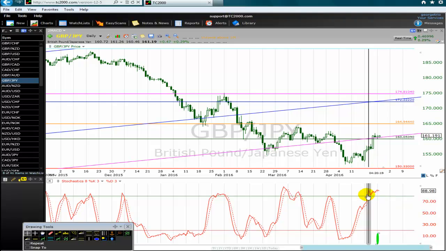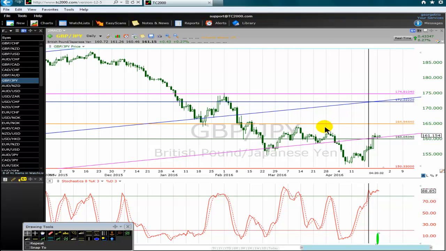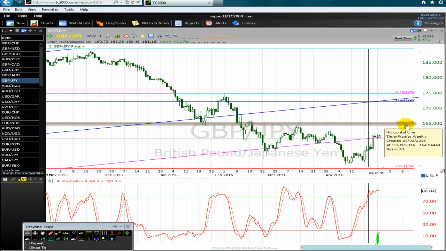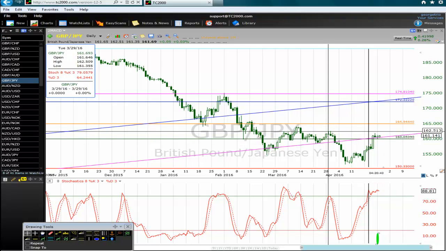So what I would say to traders, when the stochastic remains in the overbought zone like this, highlight all the resistance levels in that zone. There is one here, there's another one here at 16234, there's another one near 16494. If the stochastic is in the overbought zone, highlight all the resistance in that zone.